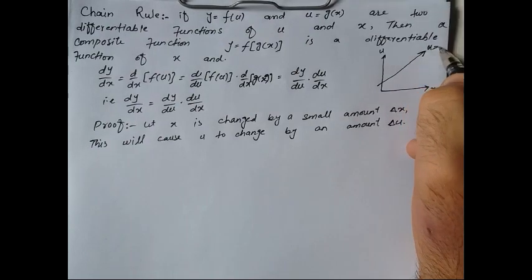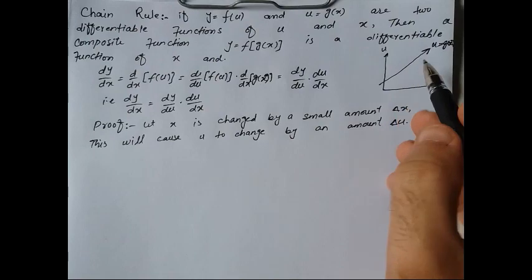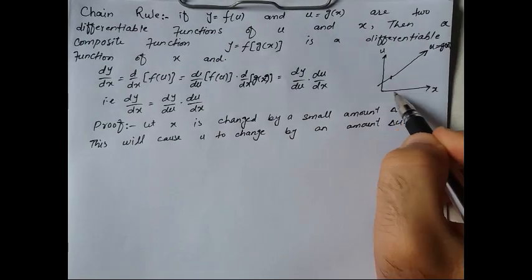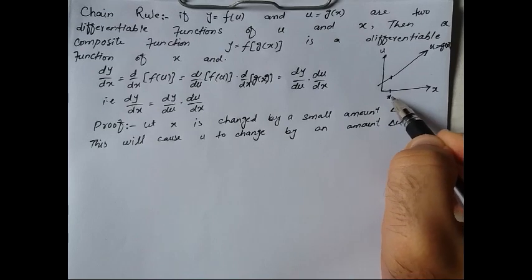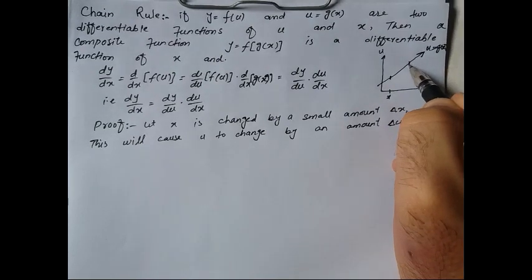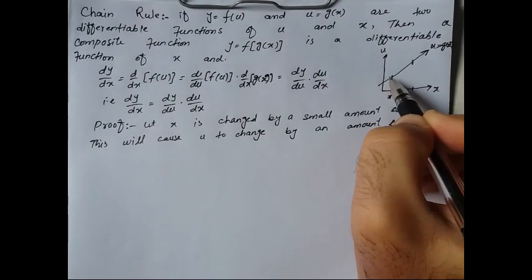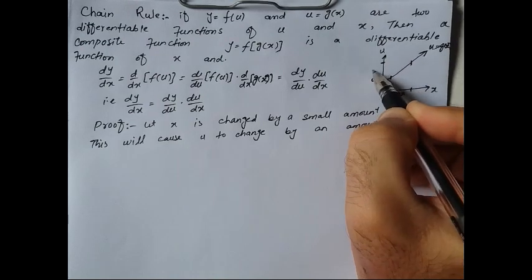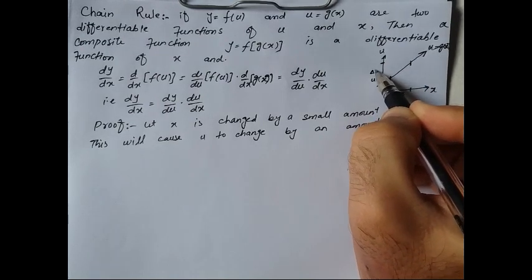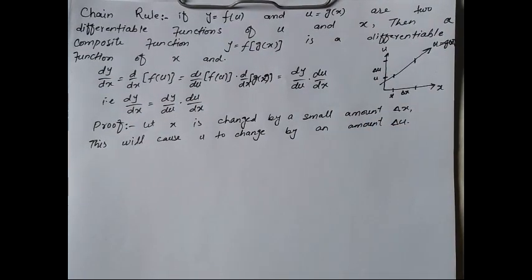Now if we change x from x to x plus delta x, that is, a small amount of change delta x, then there must be some change delta u along the u axis, and this change in u will cause some change in y.